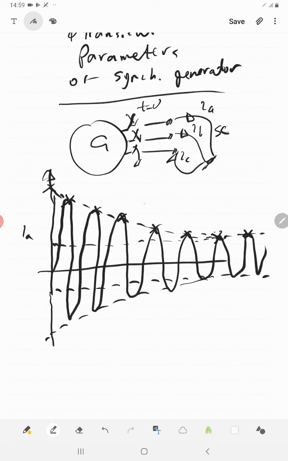So let's name this IA equal current envelope. Experimentally you indicate these points at the maximum, and this is time.